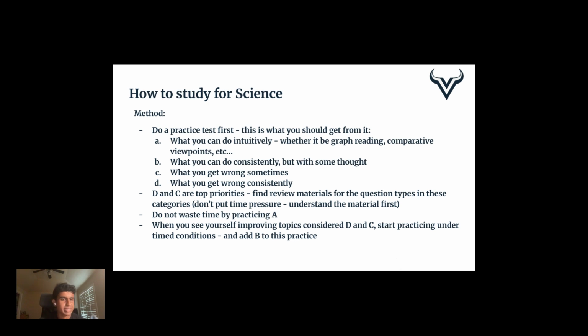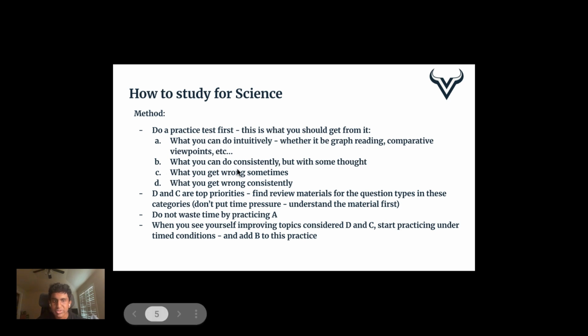So it's going to be the same method to study for science as we've done all throughout. You do a practice test and you should be able to find out what you're good at and what you need to improve. So you want to put it in these four buckets. First is what you can do intuitively, graph reading, taking data, etc. What you can do consistently but with some thought, that should be your second bracket.